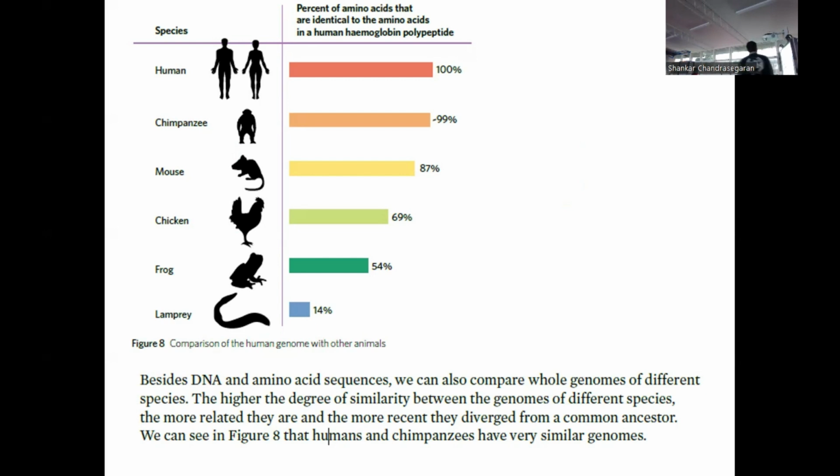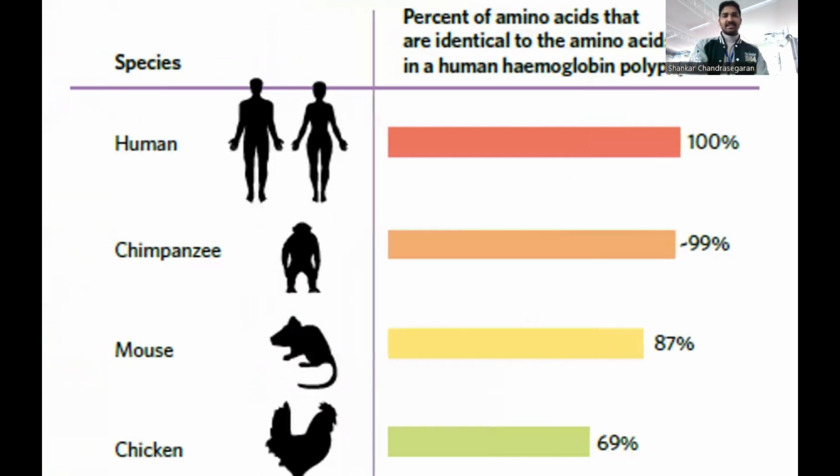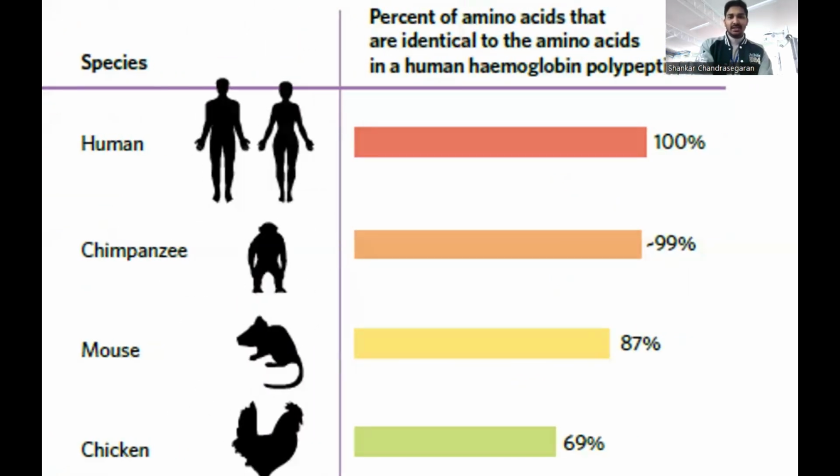So when we're looking at the percent of amino acids that are identical to the amino acids in human hemoglobin peptide, when we're studying the amino acid sequence of hemoglobin, we can see that there is a very high relatedness between a chimpanzee and a human, meaning that that one amino acid sequence is highly conserved between these two species, meaning that it's not indicative of their differences.